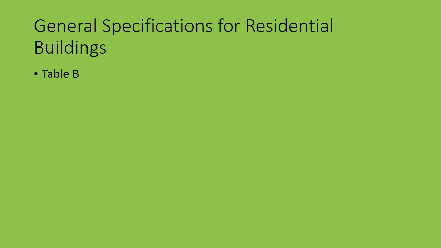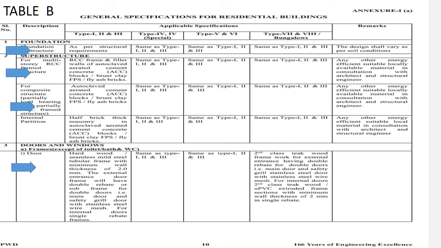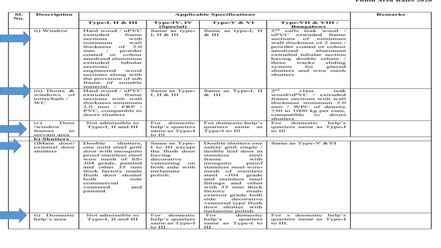Next is the general specification for residential building, table B. See, this is the CPWD specification for flat. You can see the arrow shows the foundations, superstructure, etc. Windows to be provided, doors, shutters.